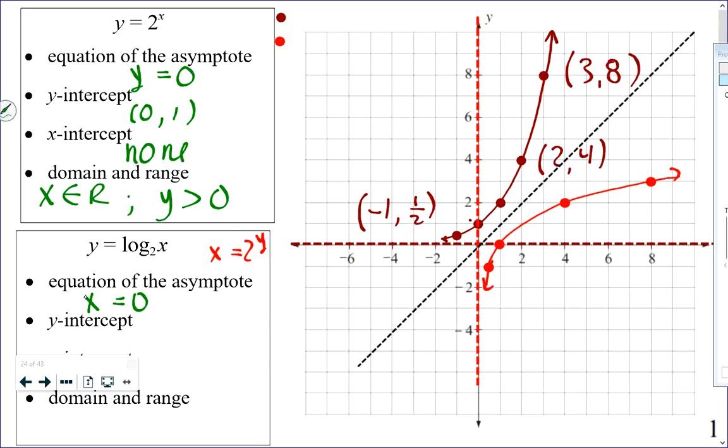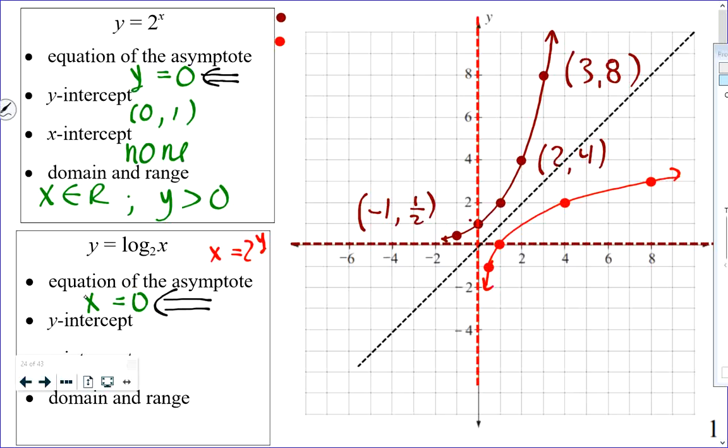If I recognize that these two functions are inverses, then this equation of an asymptote can be used to find this equation of the asymptote by saying an inverse is found by swapping all the properties of x and y. So whatever is true about x becomes true about y and vice versa.